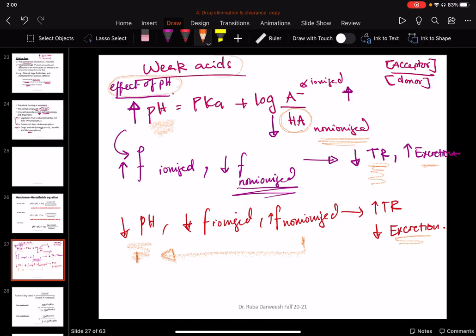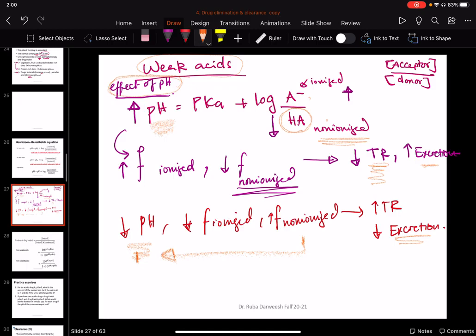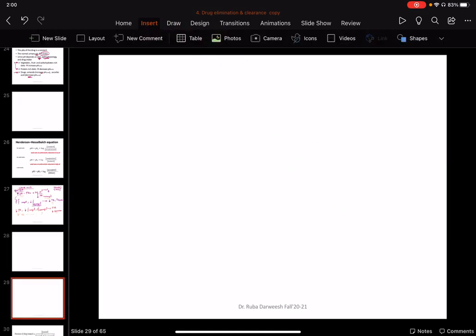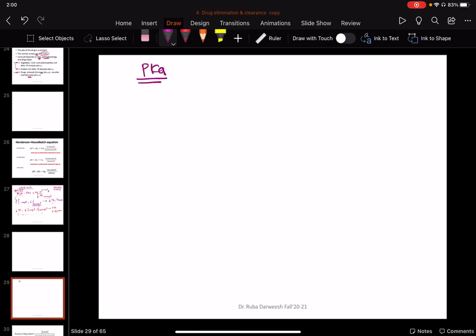Again, for weak bases it would be the opposite, because we have the non-ionized over the ionized fraction. Now the effect of pKa is the same concept.